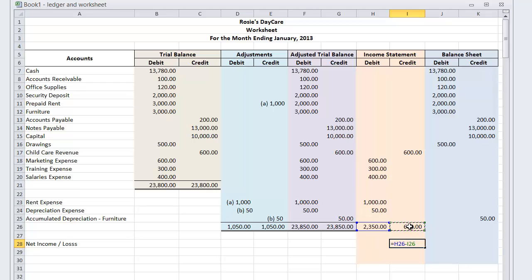So remember that whatever we do on one side, we have to do it to the other. So here we put this on the credit side for net income and loss of $1,750, and if we do something here on the credit side, we have to do it on the debit side somewhere else, right? So here what we're going to do is we're going to do it on the debit side.